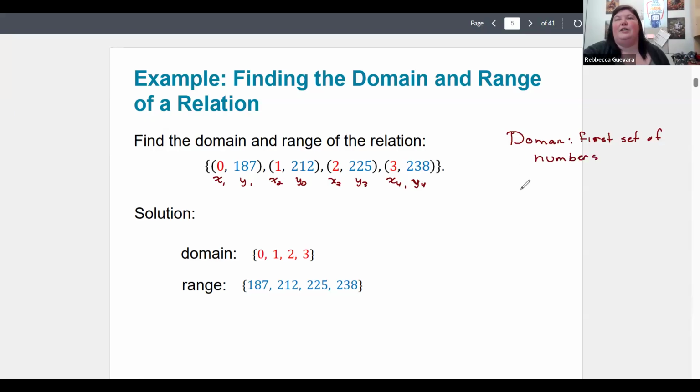So it's whatever comes first. And frequently, this is what we're going to be calling our input, or sometimes we call it the independent variable. And frequently, it's going to be your X. The range is frequently called the second set of numbers or second set of variables or whatever it is we're looking for.